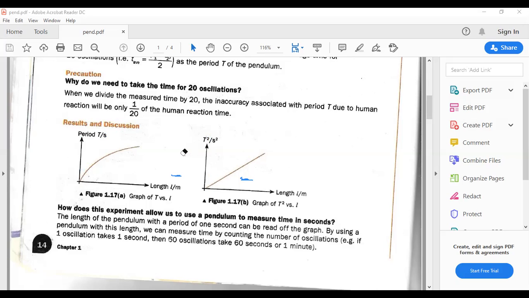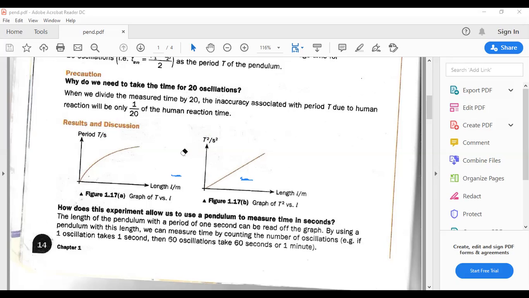Okay. Such as human reaction time. Okay, we will look for human reaction time. What else? Natural errors like wind. Okay. Good. We will look for a place where the environment is steady and the wind is not blowing. Otherwise, it will alter our reading.